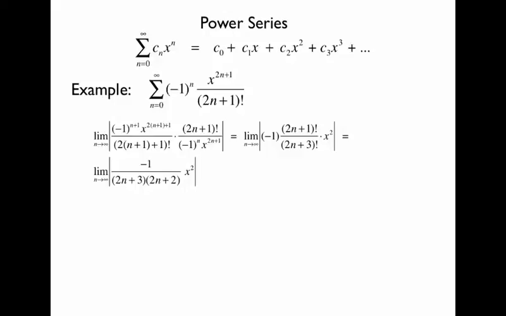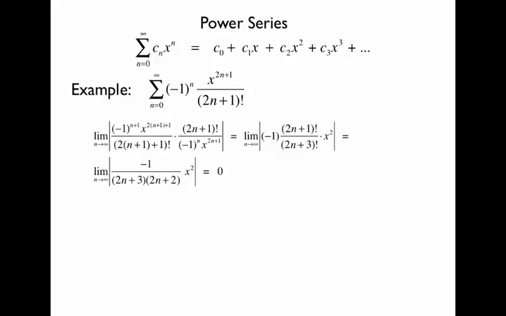As n goes to infinity, what do we get inside the absolute value signs? 0. That's right. And what was the question we were asking? The interval of convergence: for what values of x does this converge?